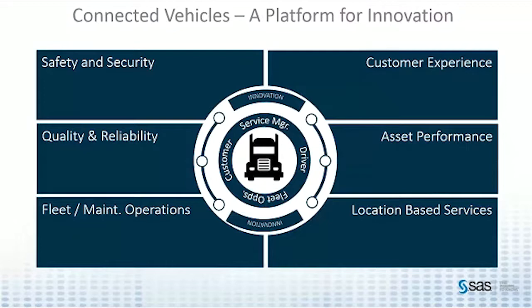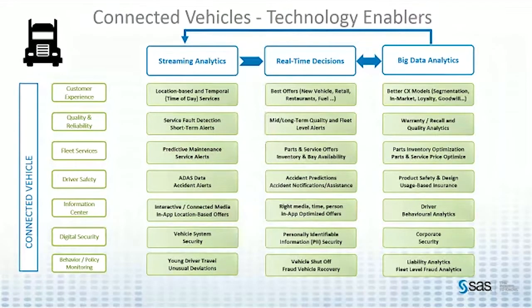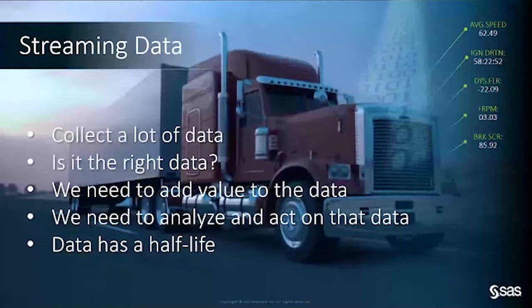Now, with streaming analytics, also the ability to take real-time decisions and big analytics, we can cover those different bases and have a lot of different specific use cases. I'll be going over just 2 of these many use cases, specifically around predictive asset maintenance and also behavioral analysis.